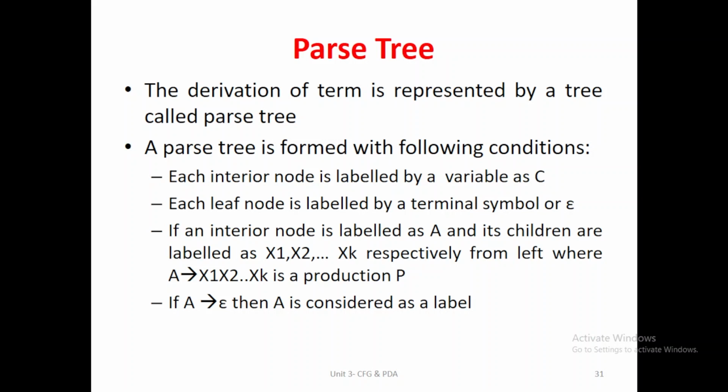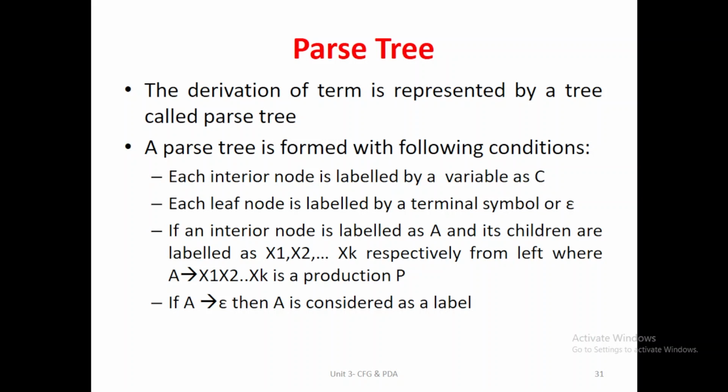In previous classes we learned about grammar notations. A grammar contains variables, terminals, productions and a starting symbol, and you can derive a string from the given grammar. Those steps are called derivation. Derivation has two types: leftmost derivation and rightmost derivation.